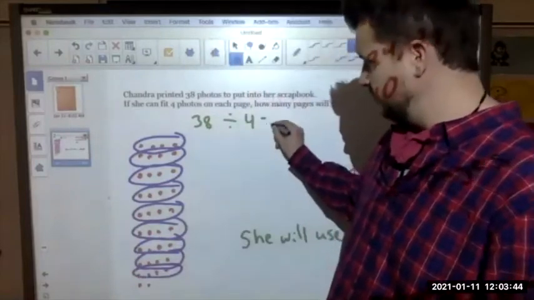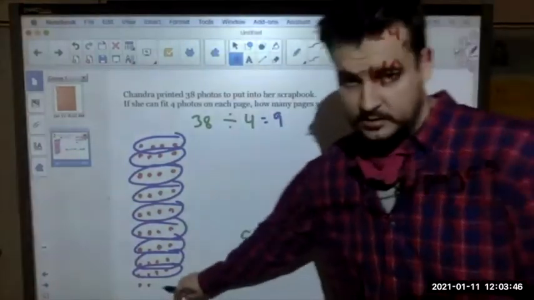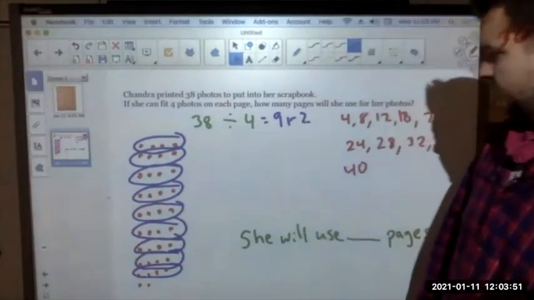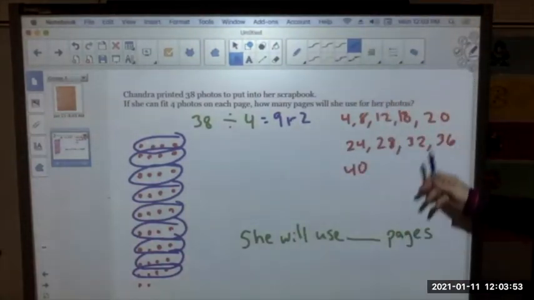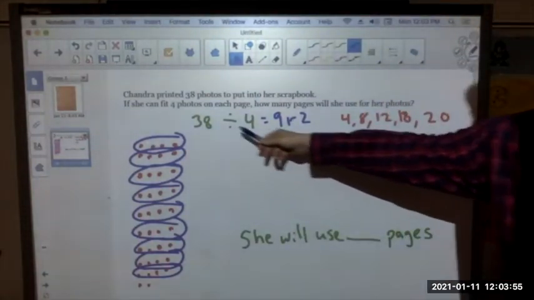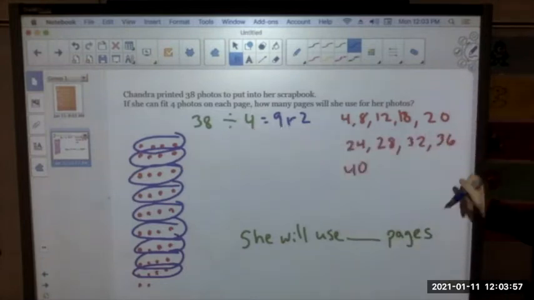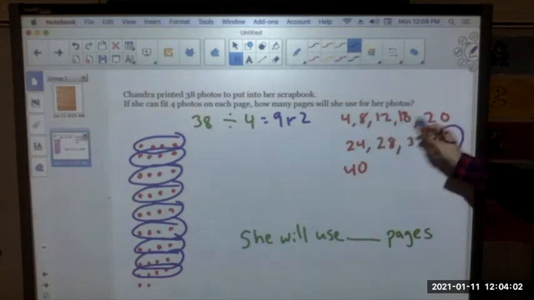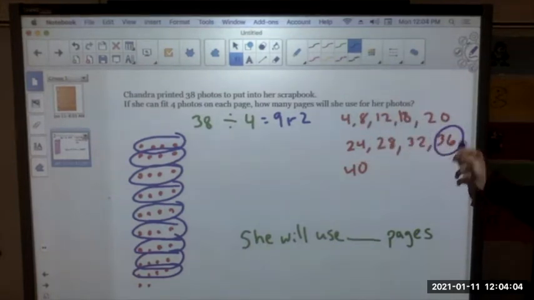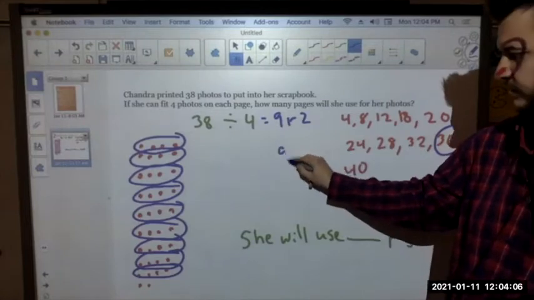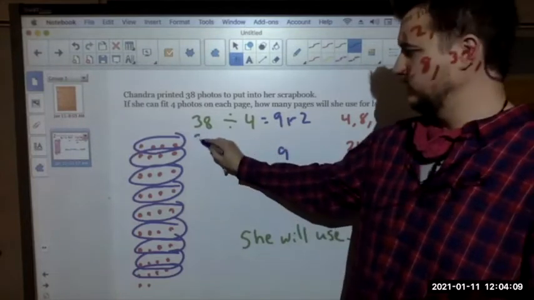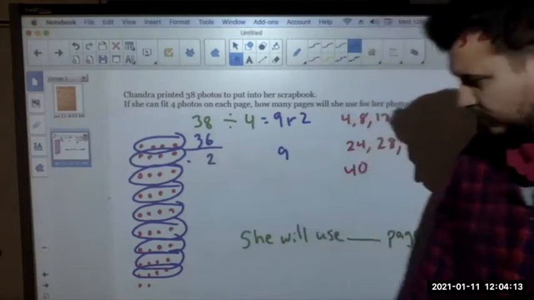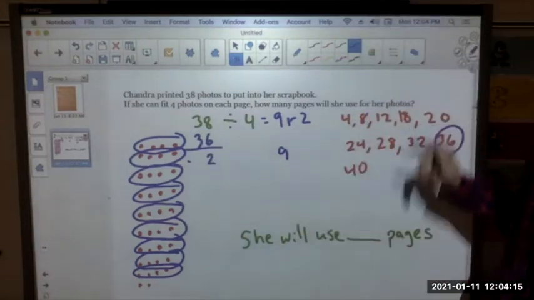There's 9 completed pages with 2 left over, R2. If I look at my multiple section, I see that the closest I can get to 38 without going over is 36, which if I count 4 times 1, 2, 3, 4, 5, 6, 7, 8, 9, equals 9. When I subtract 36 from 38, I get 2. Okay, so either strategy works great.